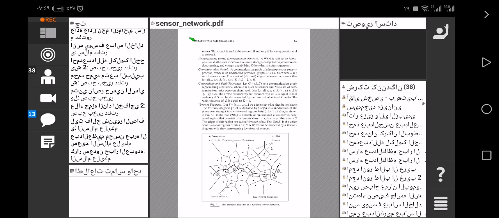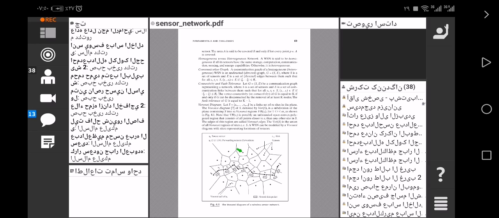For example, here, this is a node. All points inside this Voronoi region are closer to this node than to this node, than to this, and to this.